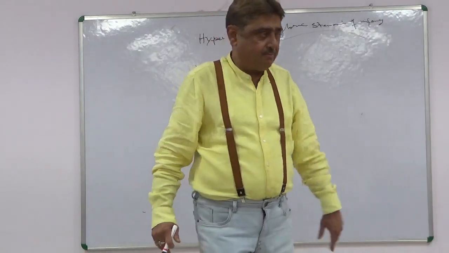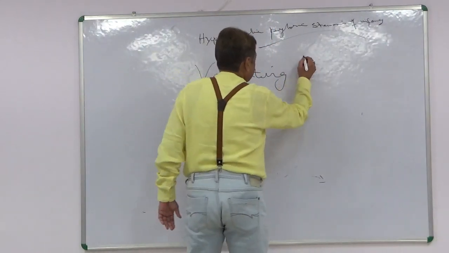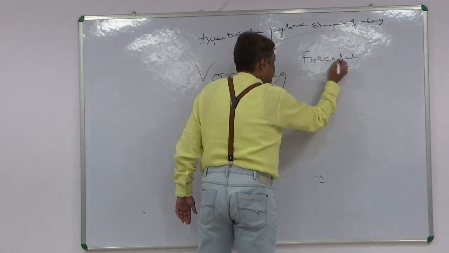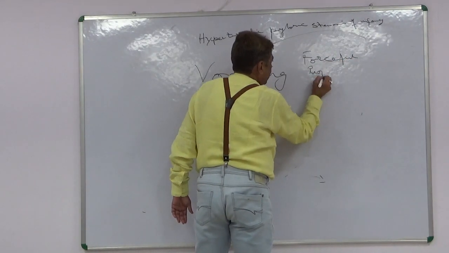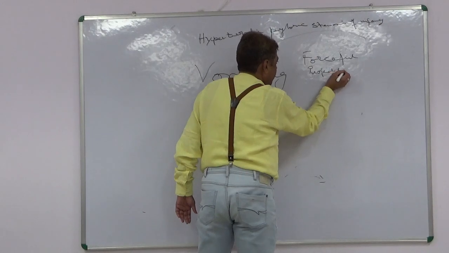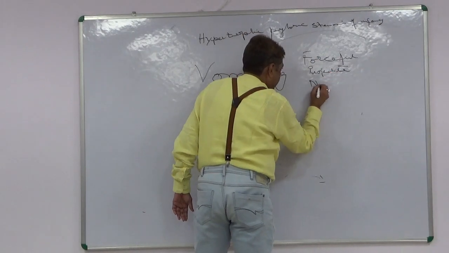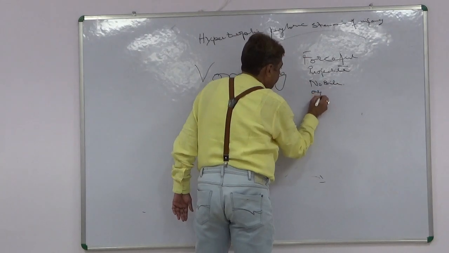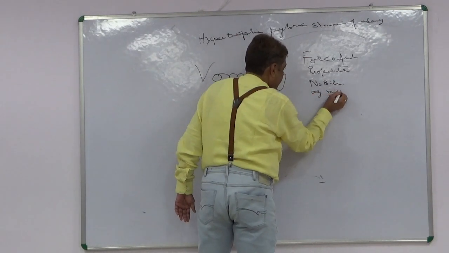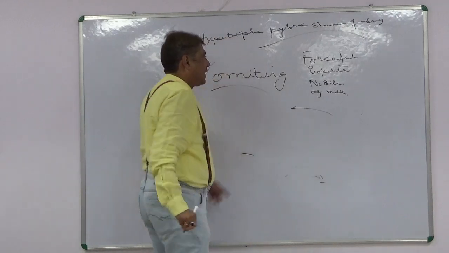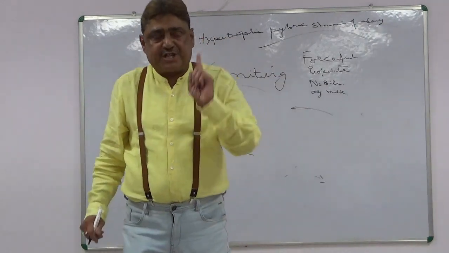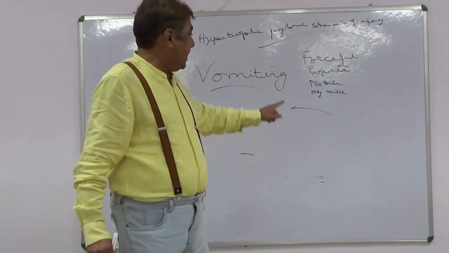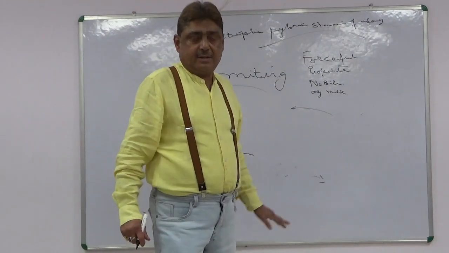Number 1, forceful, projectile, no bile, only milk. Vomiting is forceful, projectile, it contains no bile and it has only milk.